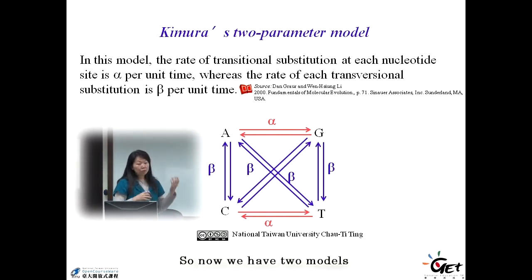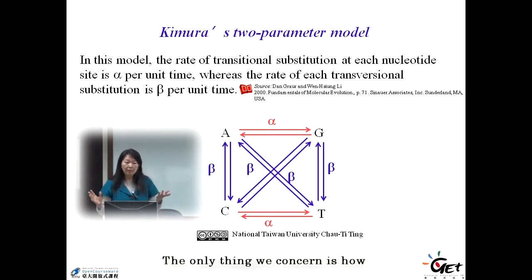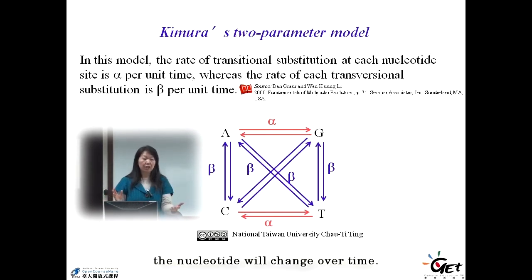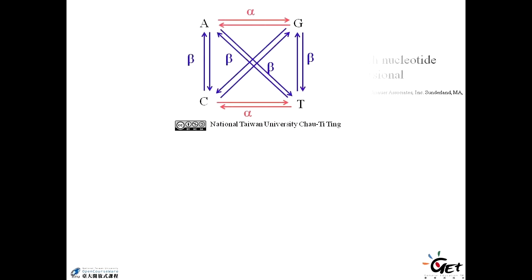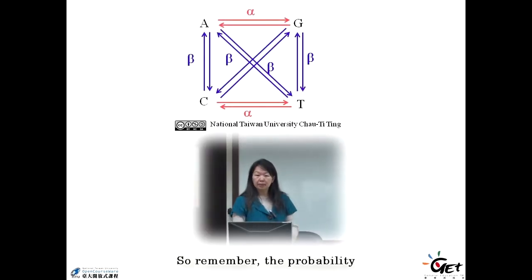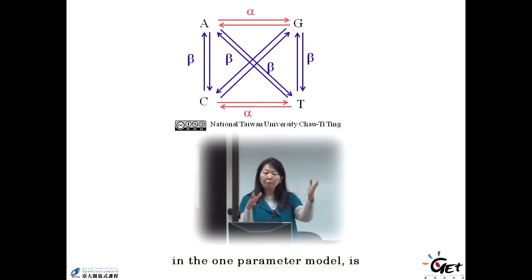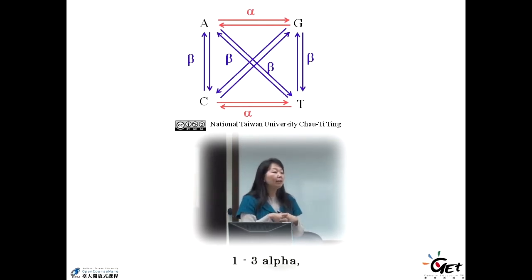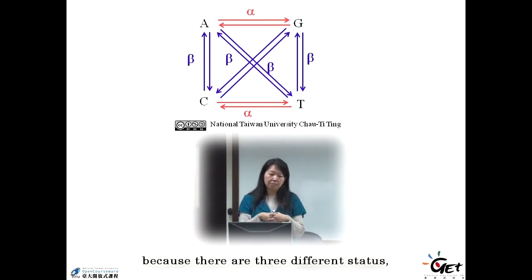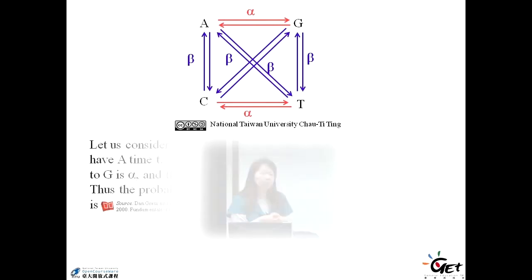So now we have two models, but the same practice as in the previous model. The only thing we are concerned with is how the nucleotide will change over time. Remember the probability for one given unit of time in the one-parameter model is 1 minus 3 alpha, because there are 3 different states and everything is alpha.